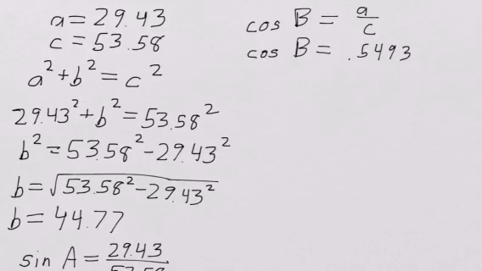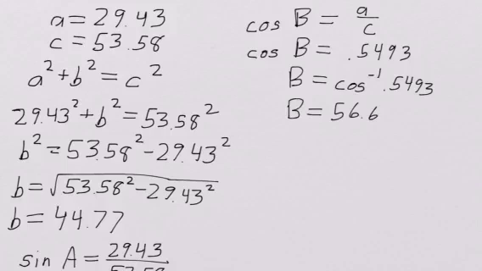So that's the same division we did earlier. That gives us that B is equal to the inverse cosine of 0.5493, which comes out to 56.68 degrees.